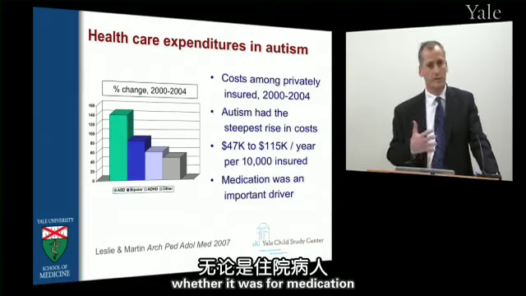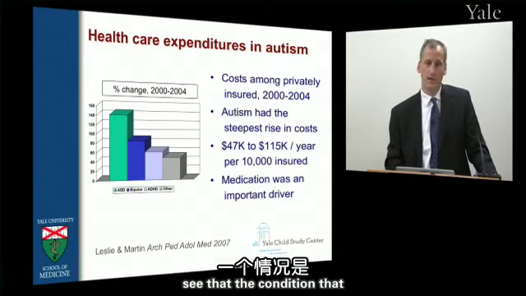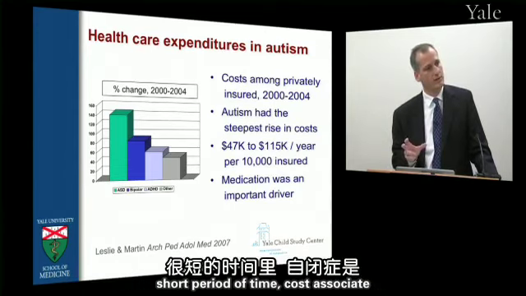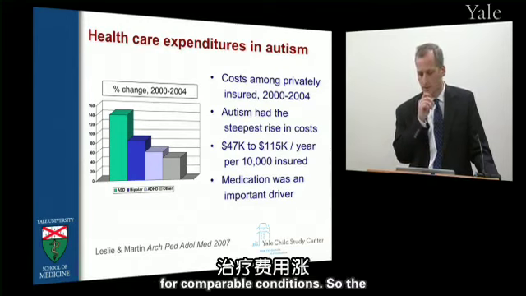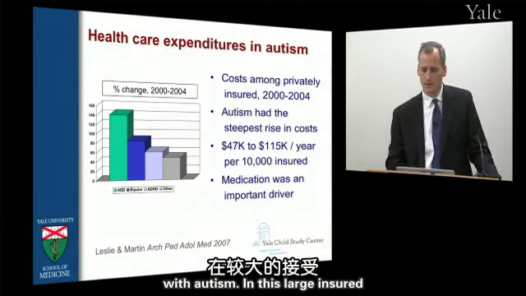More costs, whether it was for medication, for inpatient, or for outpatient care. But we see that the condition that got the most dramatic increases in cost shift was autism. So in a very short period of time, costs associated with autism were much higher than for comparable conditions. The steepest rise in cost was associated with autism.